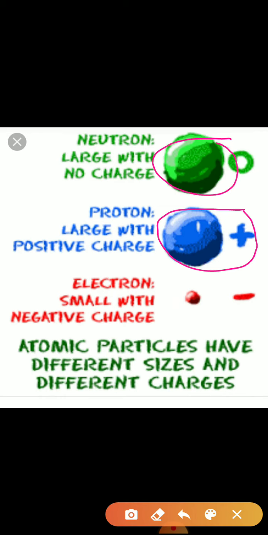They have no charge; they are neutral in nature. Around the nucleus, electrons revolve in discrete orbits, and these orbits are named shells: K shell, L shell, M shell, N shell, like this.